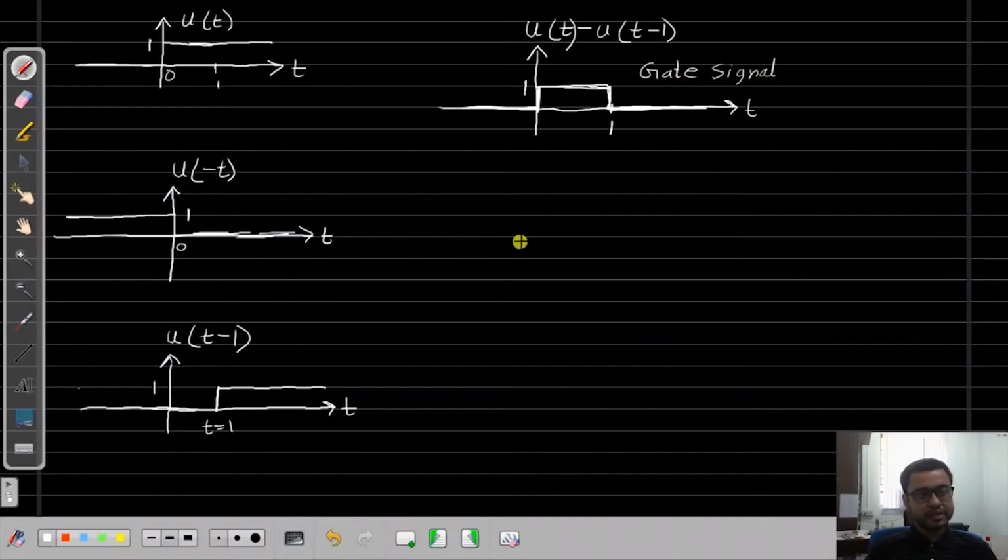Now let me ask, how will the signal, say, minus r(t-1) look like? Let us try to draw.